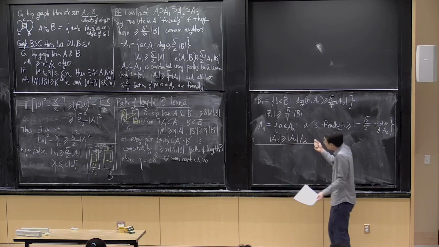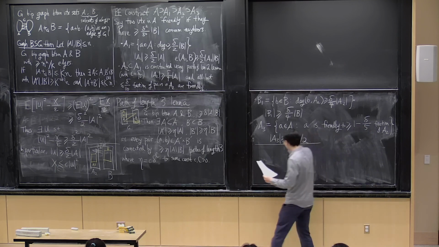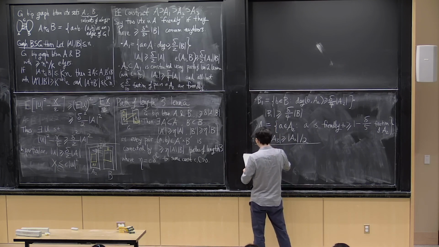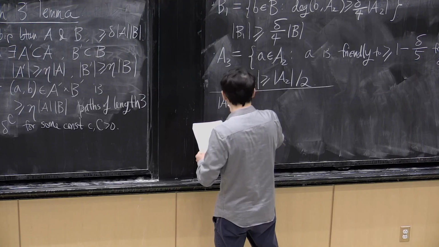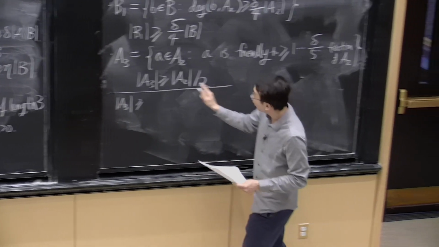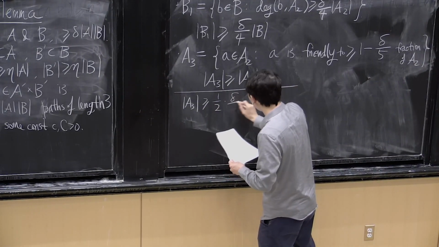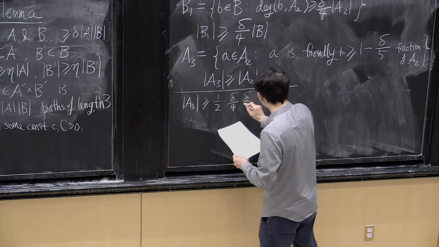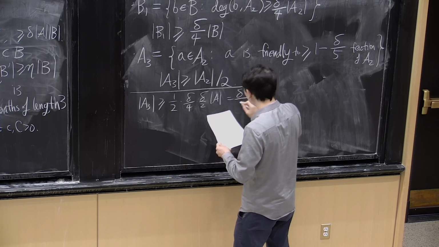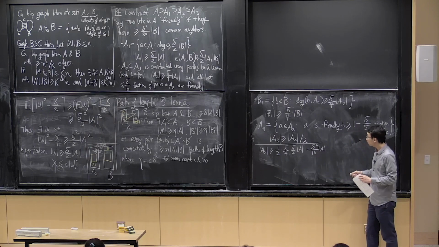The sizes all should be okay because we never lost too much at each step. If you only care about polynomial factors, you already see that we never lost anything more than a polynomial factor. But just to be precise, the size of A3 is at least, if you count up the factor lost at each step, 1/2, delta over 4, delta over 2. So it's at least delta squared over 16 fraction of the original set A.